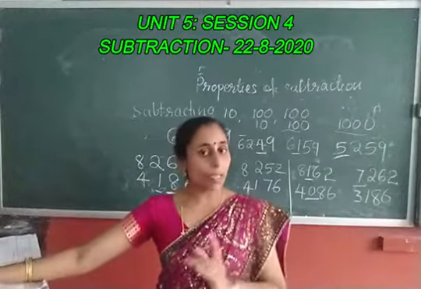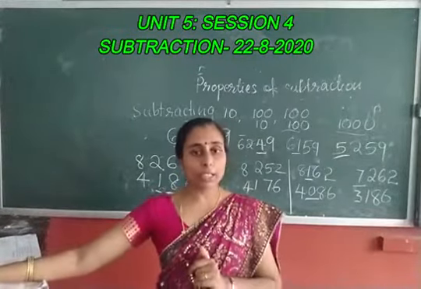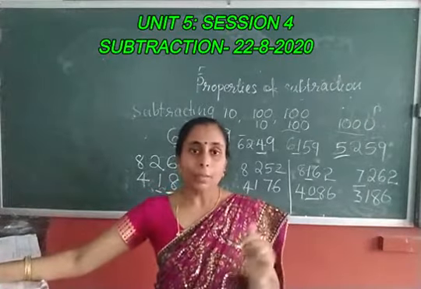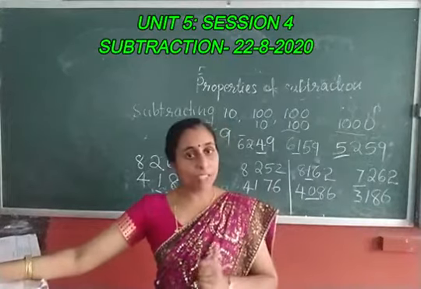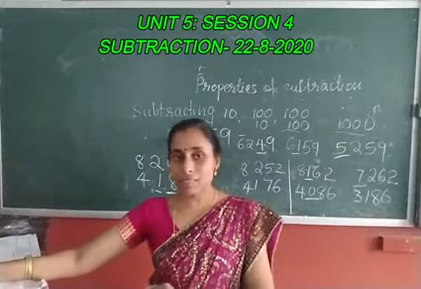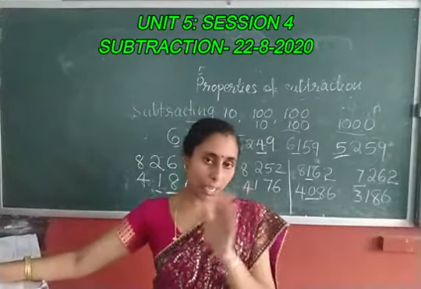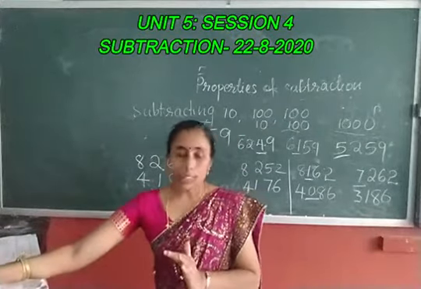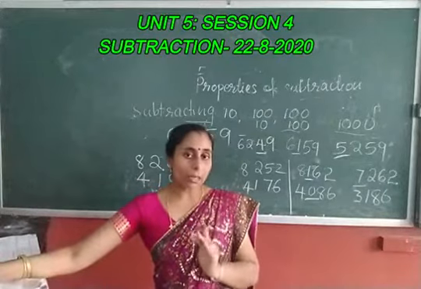The order of the numbers is very important. In subtraction, we cannot change the order. That means the minuend we have to write first, and the subtrahend we always write second. And after subtraction, we get the difference. Okay. Then subtraction by 10, 100 and 1,000.